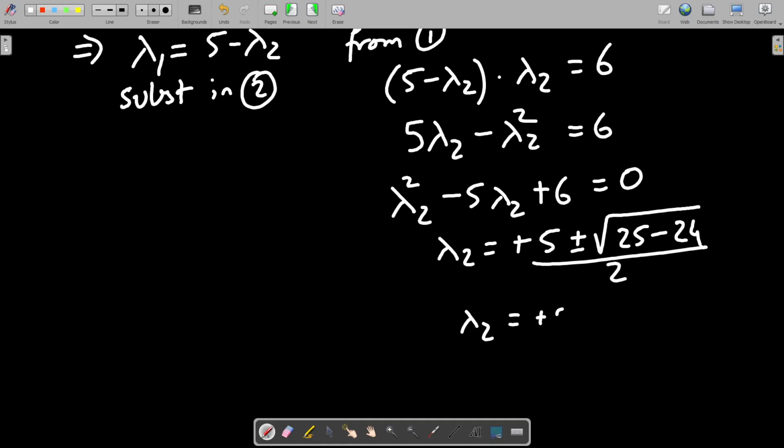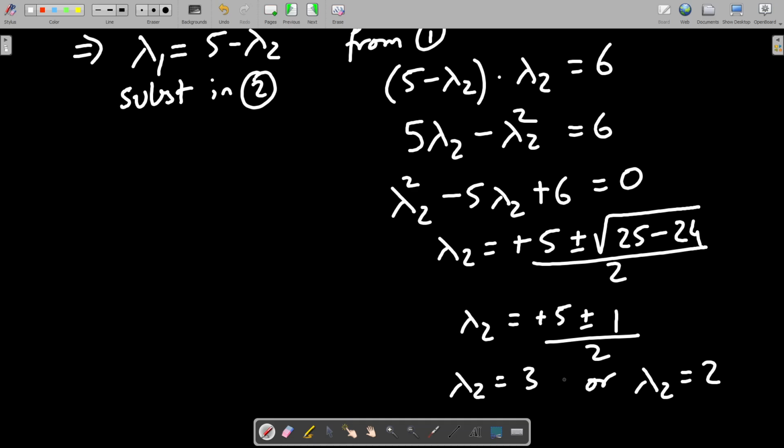So this will leave me with 5 plus or minus 1 upon 2. So 5 plus 1 gives 6, divided by 2 gives 3, or 5 minus 1 gives 4, divided by 2 gives lambda 2 is equal to 2.